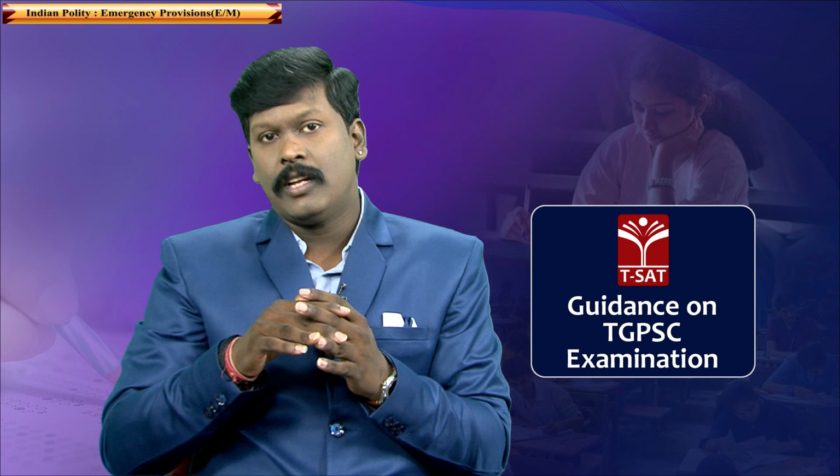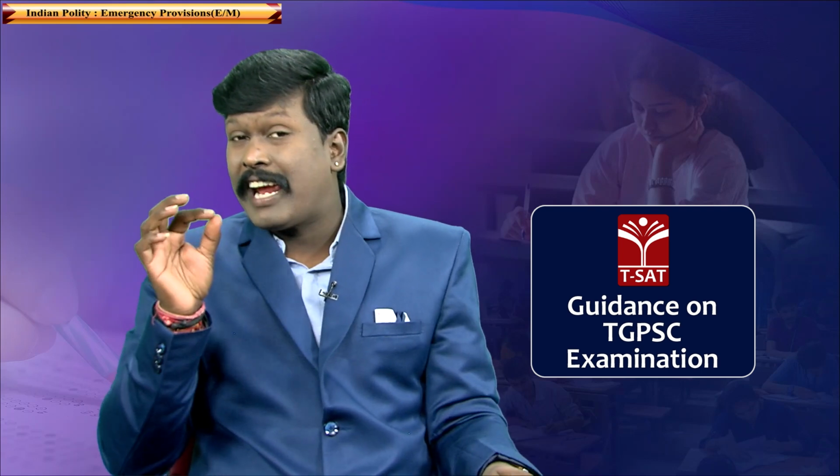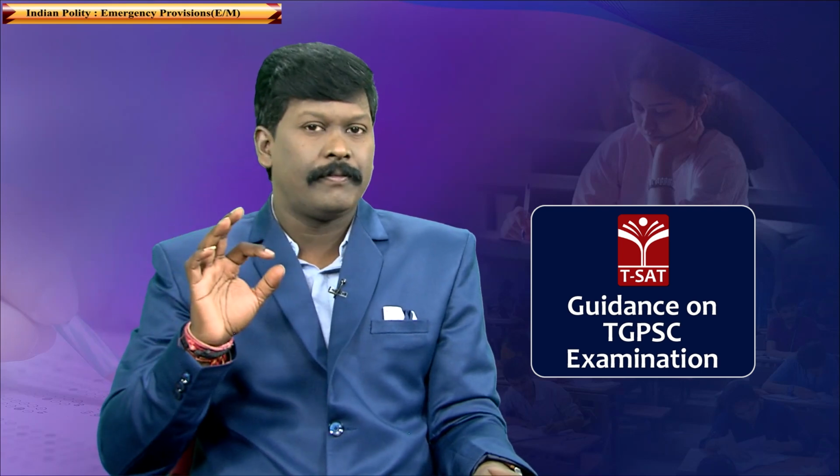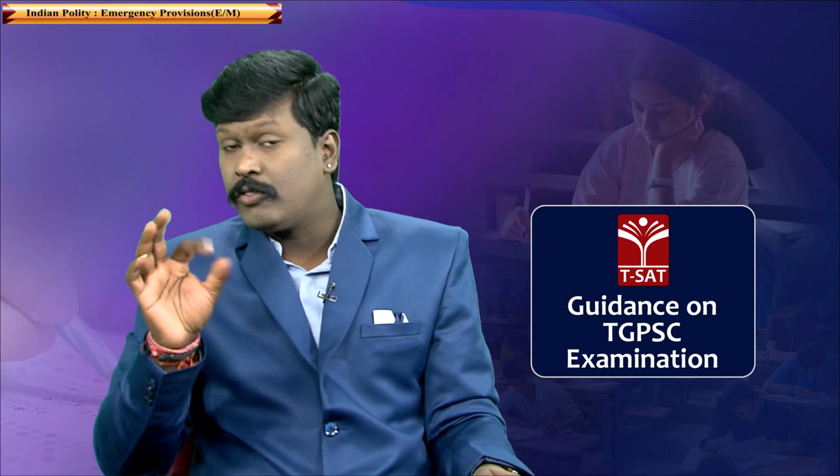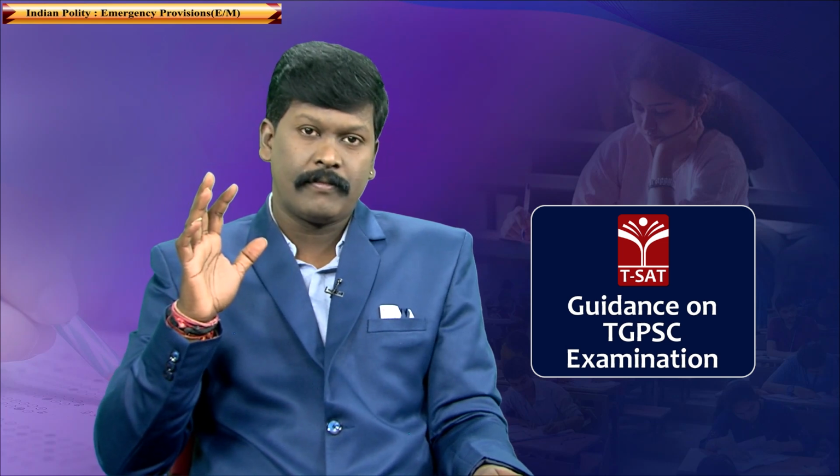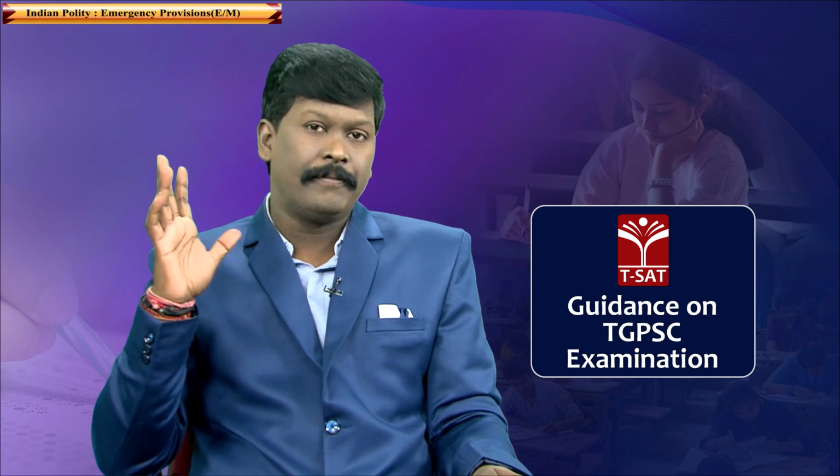The first one it says is, whenever the Center imposes the President's rule, they have to justify the reason. Without any justification, you can't impose it just to satisfy your ego. Point number 2. When state emergency is imposed, the President can dissolve the assembly.